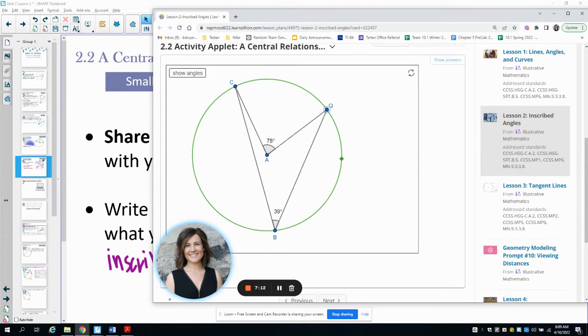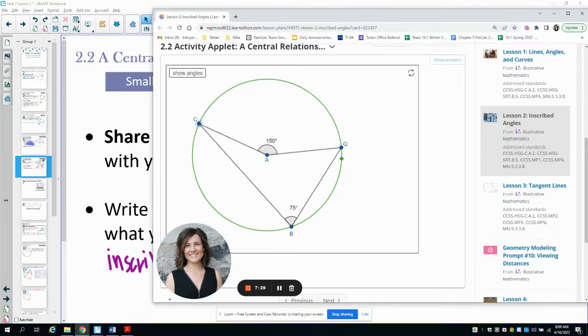Let me change the central angle to 80 like we had. And then you'll notice that B stays 40. As we change this central angle size, it still appears to be half. So we got a 160, 180.